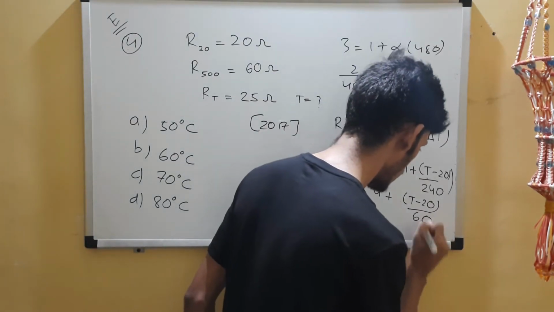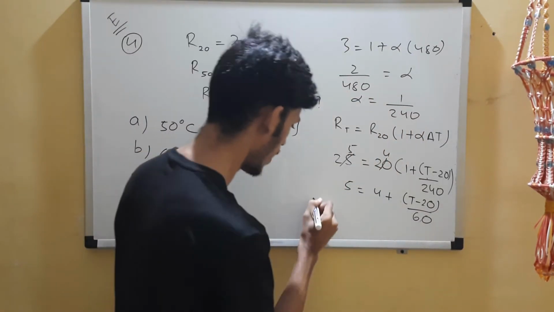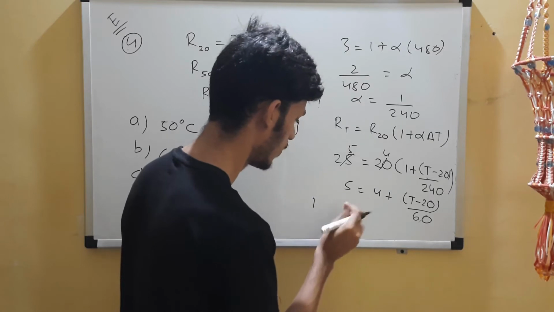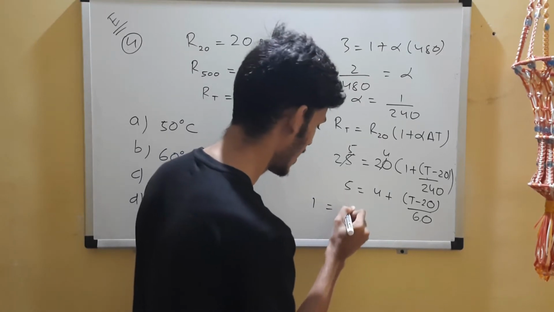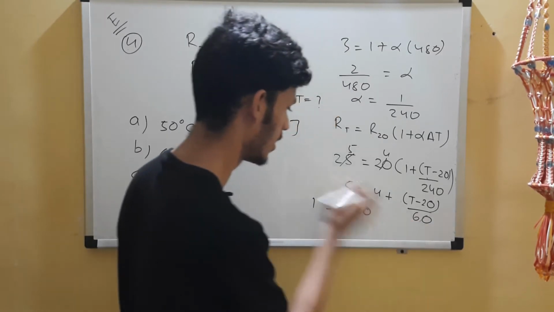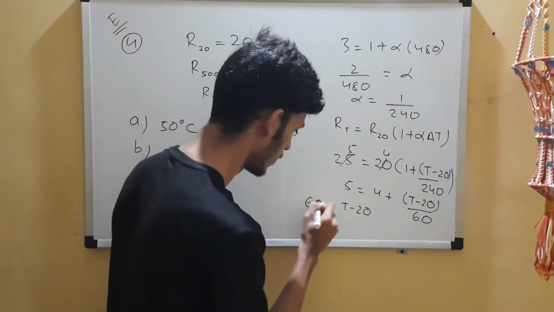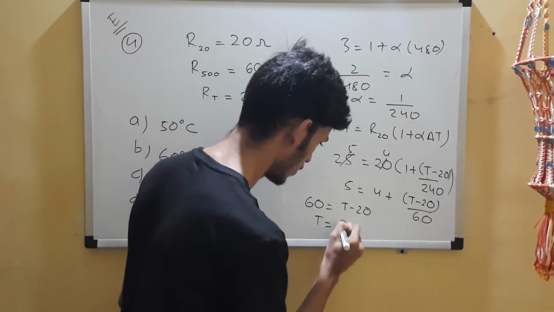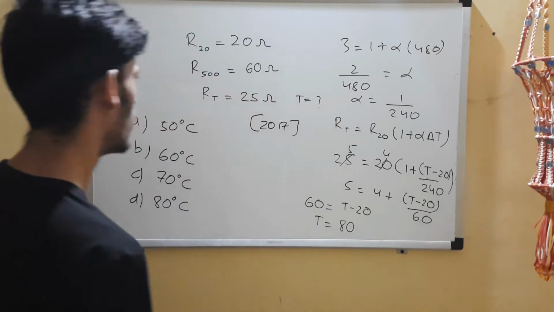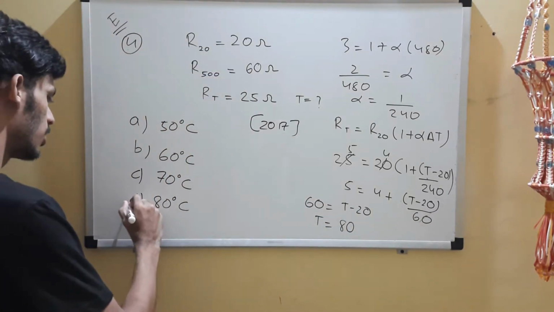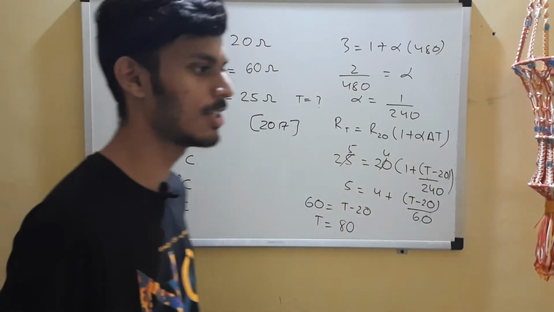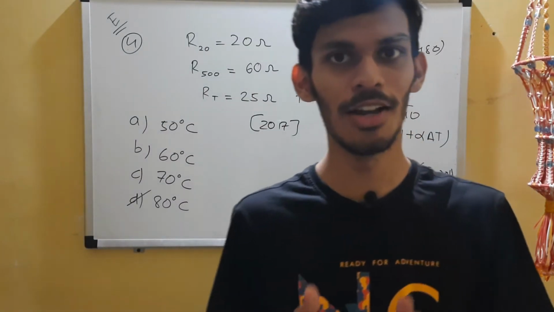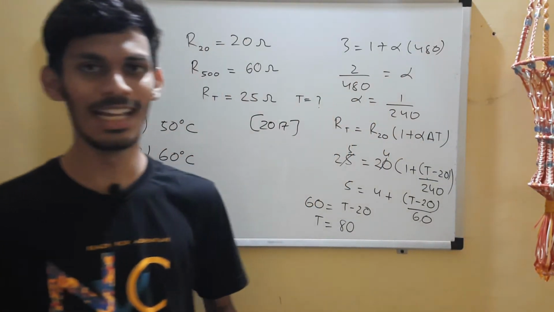So 6s are, and here you'll have 1, 5 minus 1, 5 minus 4, 1. Okay, T minus 20, the 60 will come over here. Just quick maths, this will give you T as 80. So the temperature over here should be 80. So for the resistance to have a value of 25 ohms, the temperature should be 80 degrees Celsius.